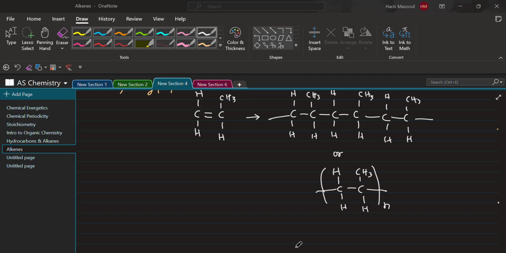Apart from this, you have many more like polyethene as well. But the main thing that usually comes is how to draw it, as well as figuring out the repeating unit in the MCQs. That will solve the question, then you'll get more idea of it.